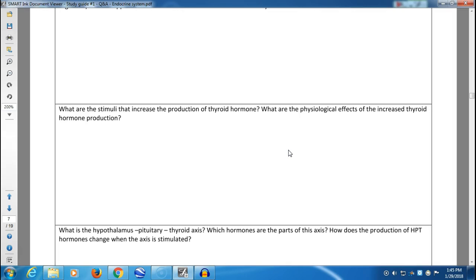What's going to happen to the thyroid gland? Enlarge. Why? There is no thyroid hormone. The one above, TSH, will stimulate the thyroid to grow and make more. Well, it will grow, but it won't be able to make more.